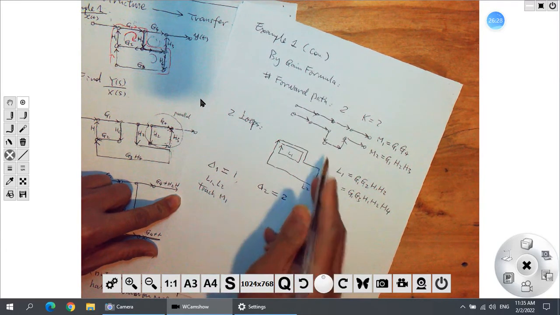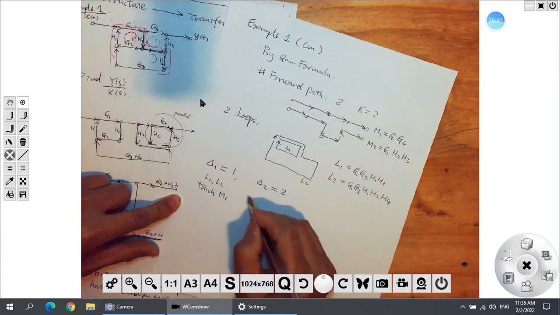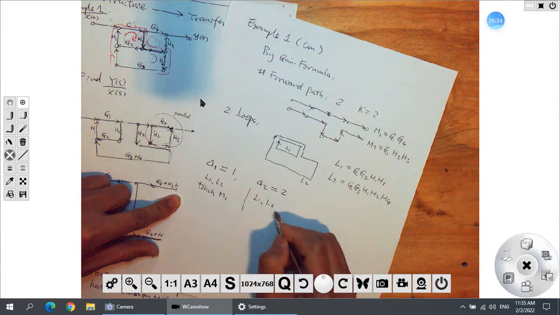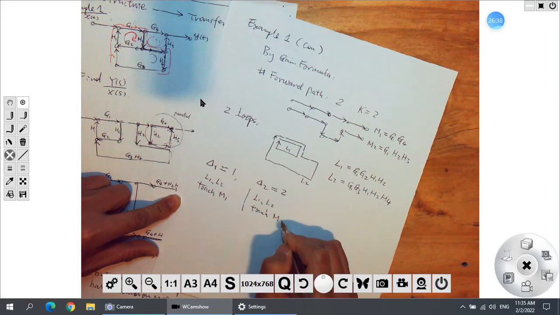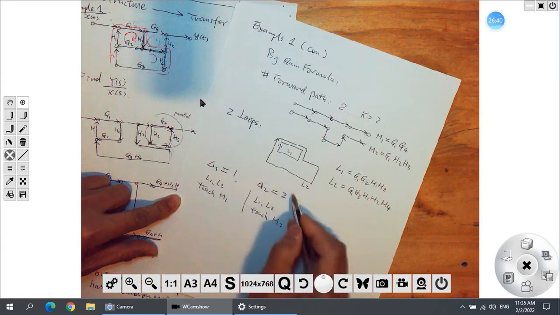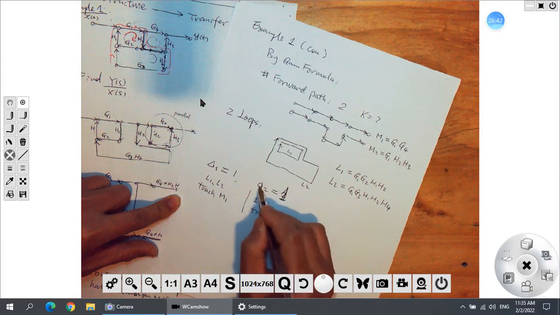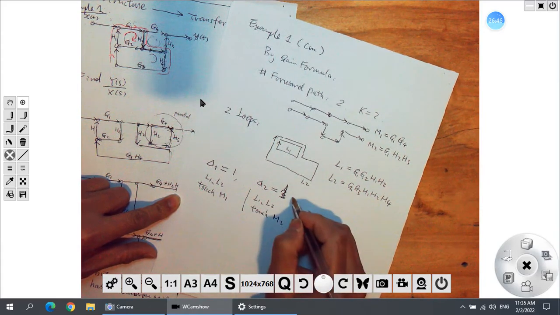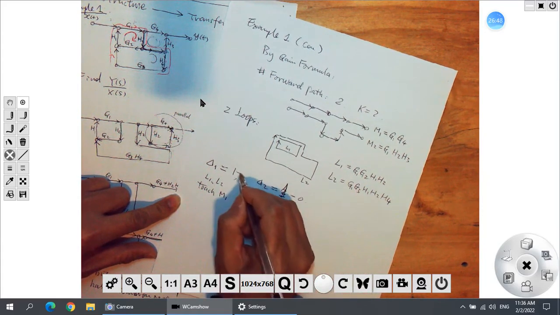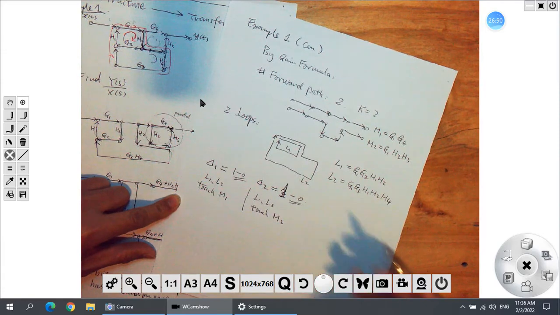M1 is the first forward path. And here both L1, L2 touch M2, right? So delta 2 is 1 minus 0. This is minus 0 actually, right? Minus 0, it is just 1.